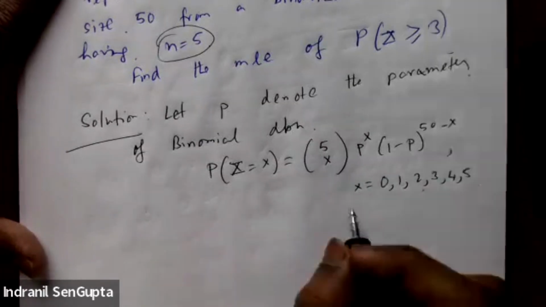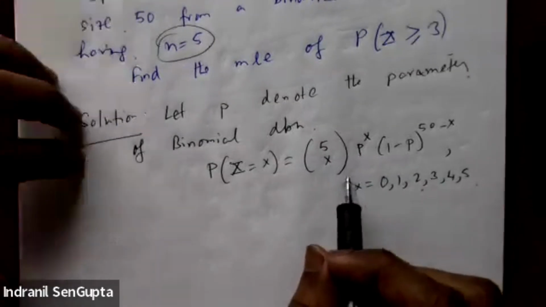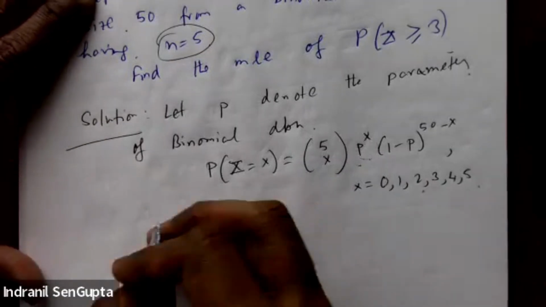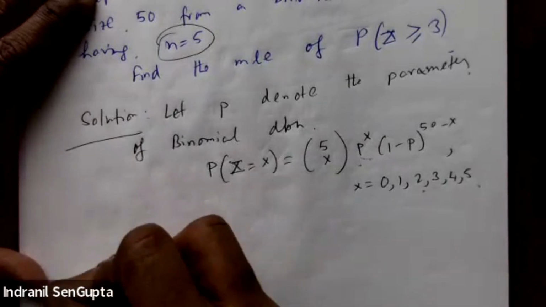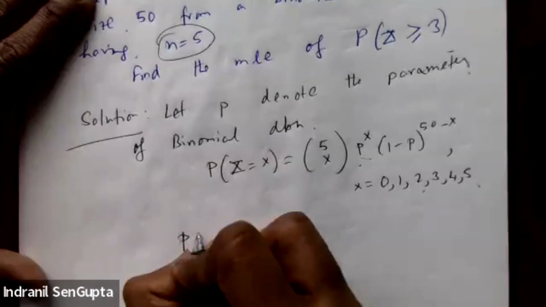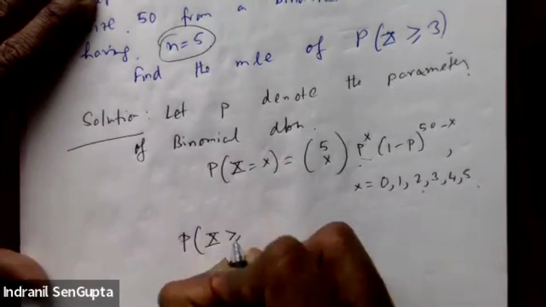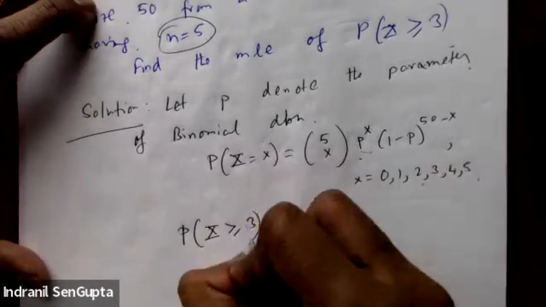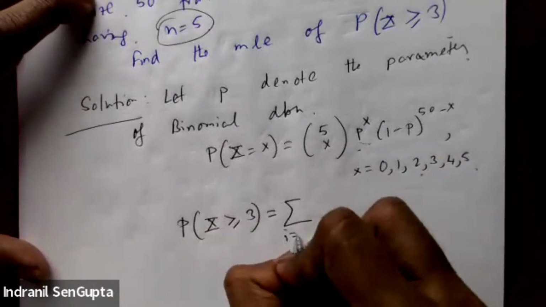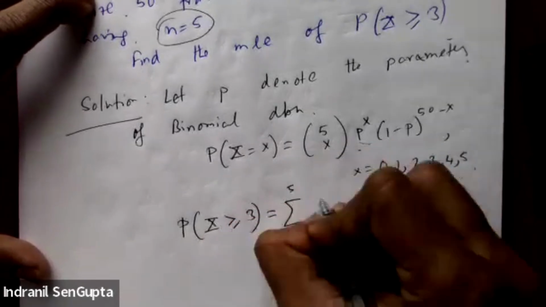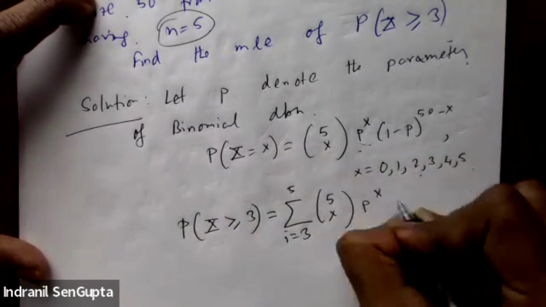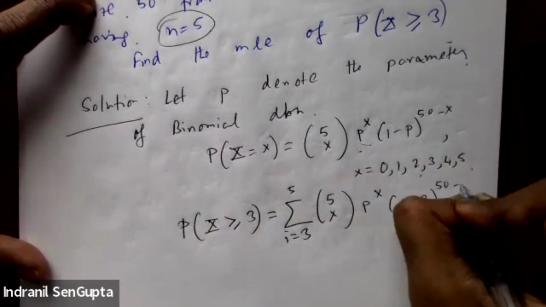Now, we have already seen how to compute the maximum likelihood estimator for p. So the probability of x bigger than or equal to 3 would really mean the sum from x equals 3 to 5 of 5 choose x, p to the x, 1 minus p to the 5 minus x, right?